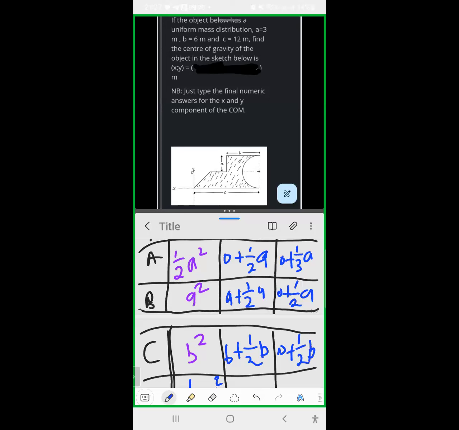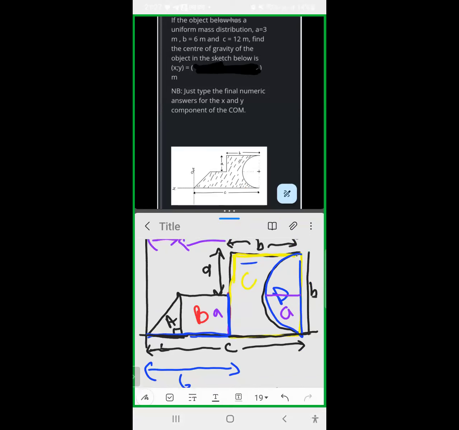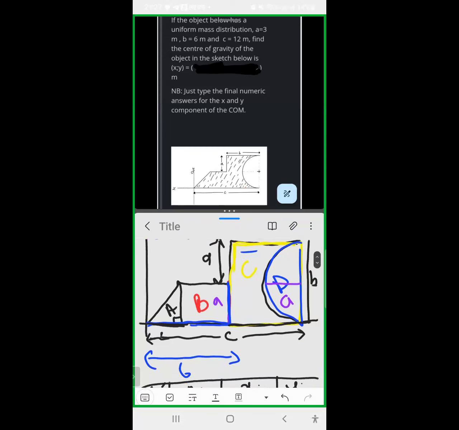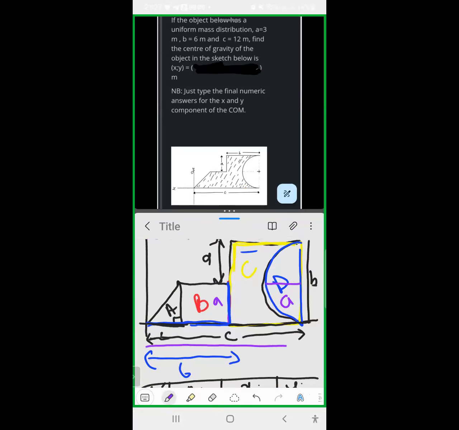it's a semicircle, which is a cutout, right? So to find its x coordinate of the center of mass, we're going to consider this whole distance c from here to here, which is 12 units. So that is basically c units.